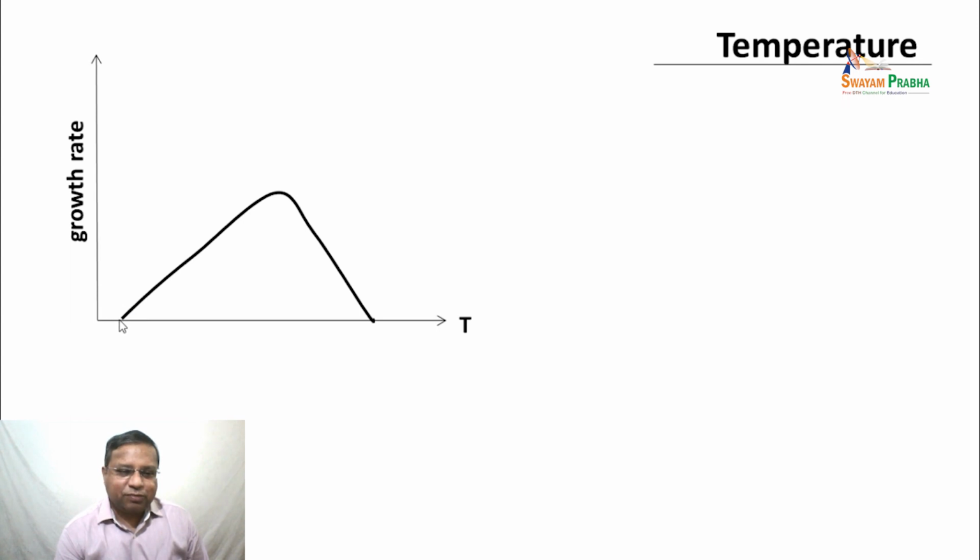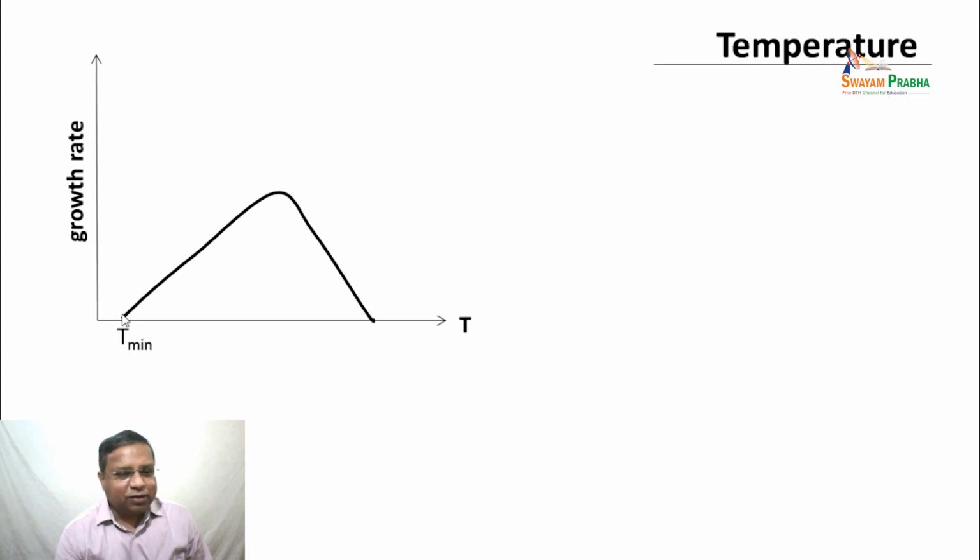There is a temperature below which the growth cannot occur, and then as the temperature is increased, the growth rate increases, reaches a maximum value, and then falls down quite quickly. In fact, the rate of increase with increase in temperature is slower compared to the rate of decrease. If you take the negative of it, the rate of decrease with increase in temperature. So it's kind of squished or skewed to one side.